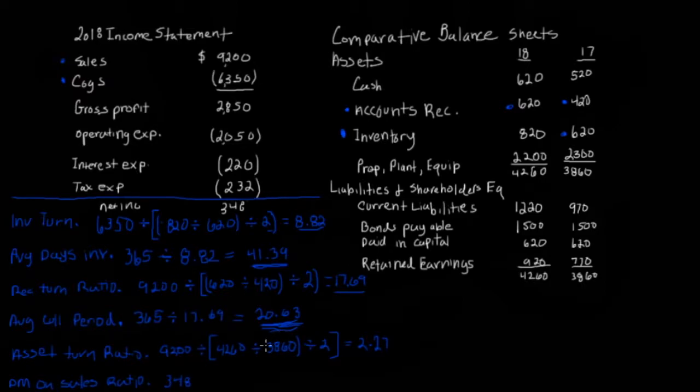348, and you'll compare that to sales of 9,200 to get a product of 0.037. Okay.